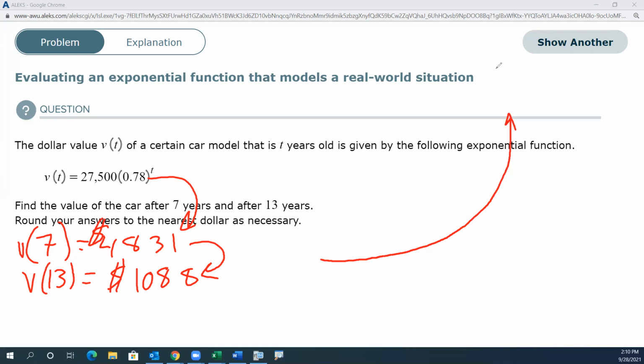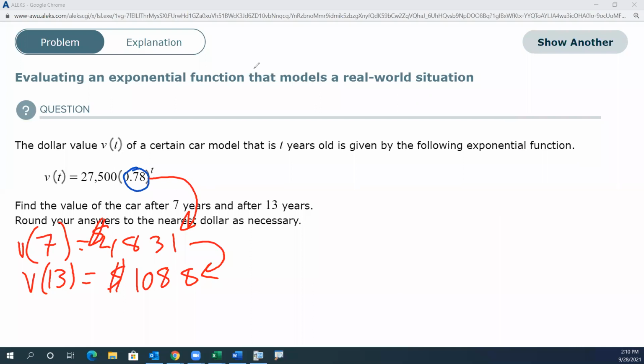Now, another important feature about all this: what does this 0.78 mean exactly? We said because it's between 0 and 1, that means it's an exponentially decreasing function.